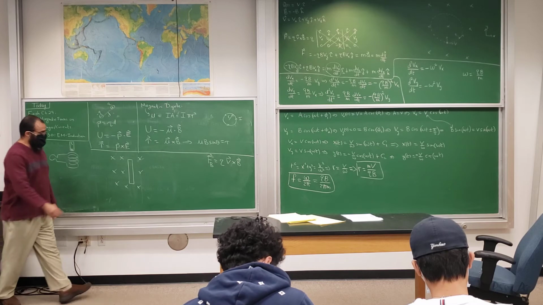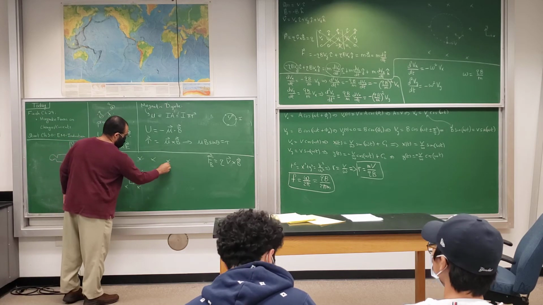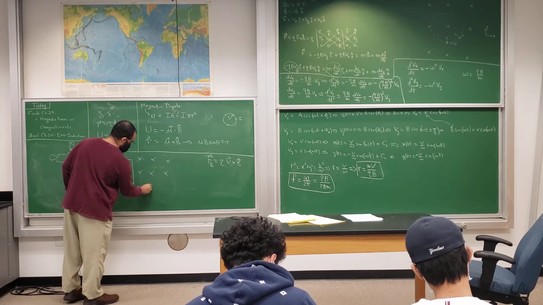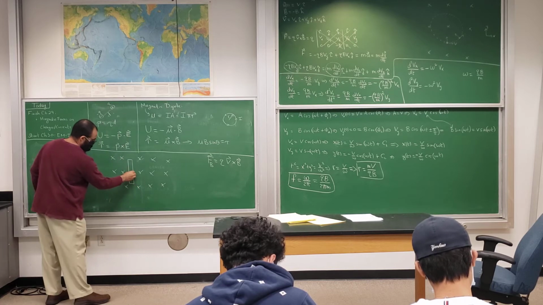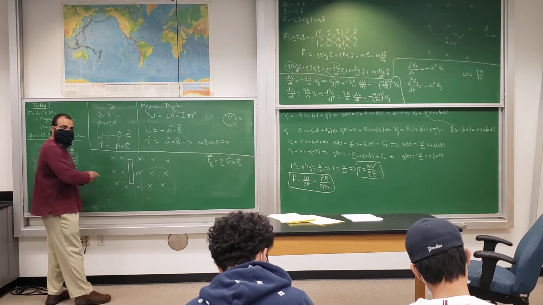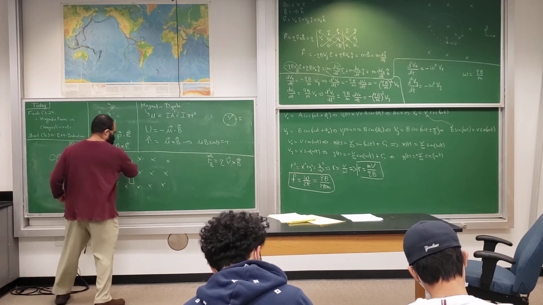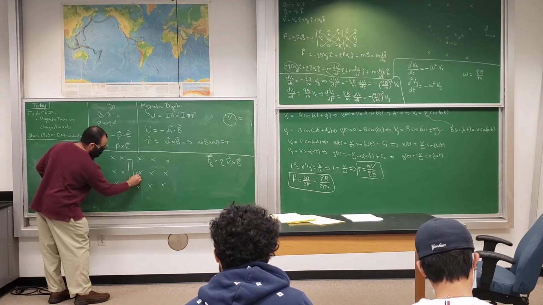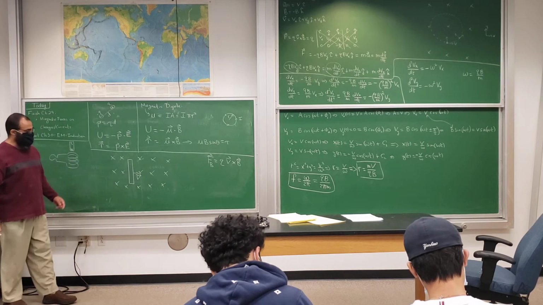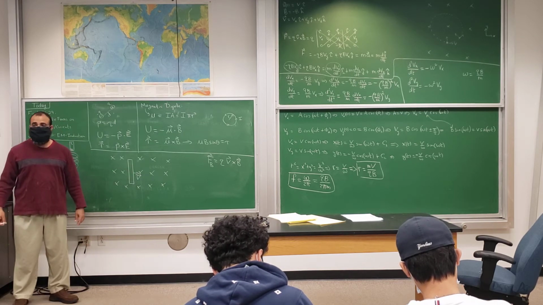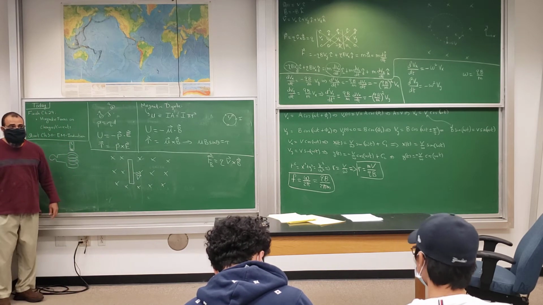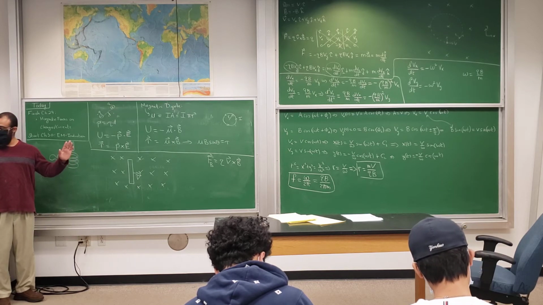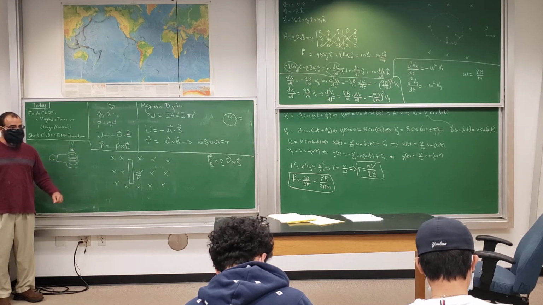So what you do is this. Let me draw some more magnetic field. You pull the rod. You come in and you drag this rod this way with some velocity. You drag it to the right. Is that clear? Every piece of the rod is moving to the right.